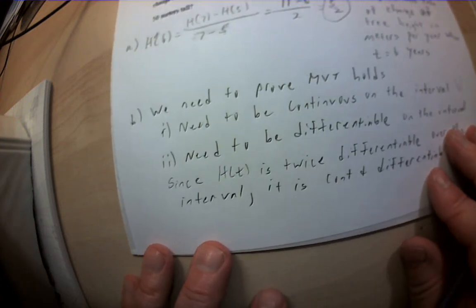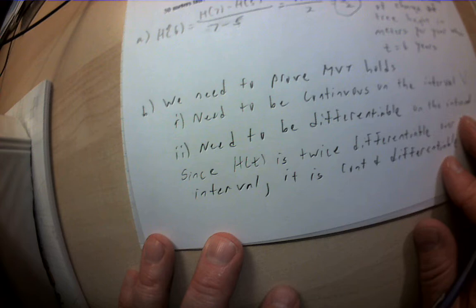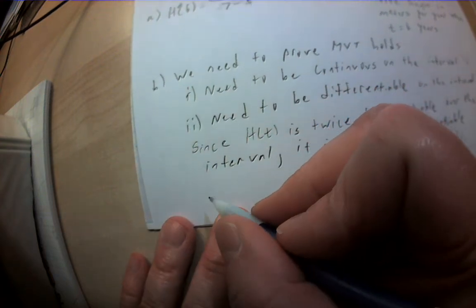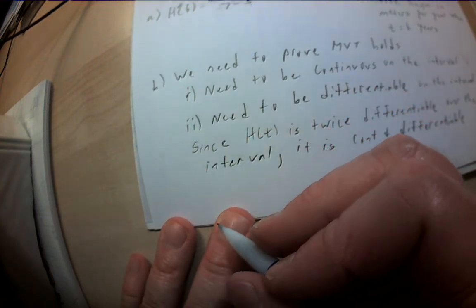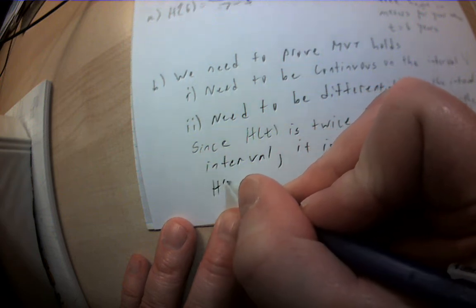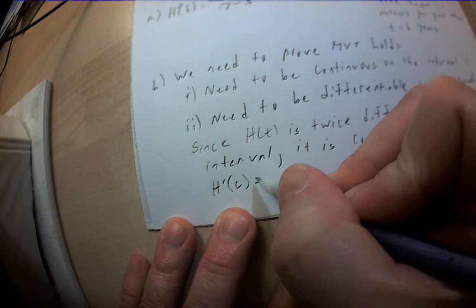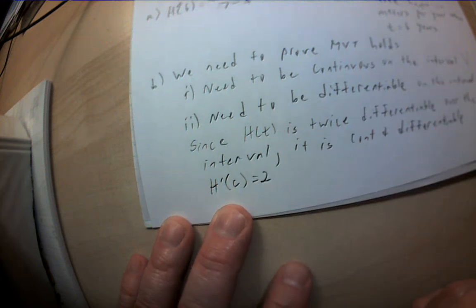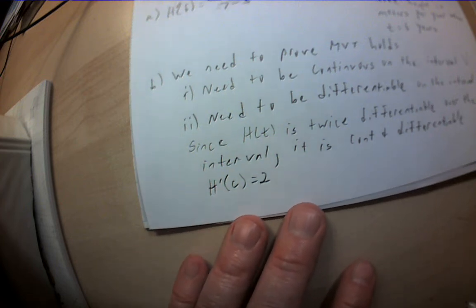Okay, the last part of the mean value theorem says that they want to prove that h prime of c equals 2. So they want to find some time in the interval. And what's the interval they're talking about? 2 to 5.